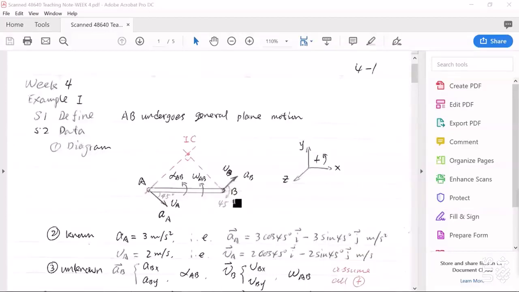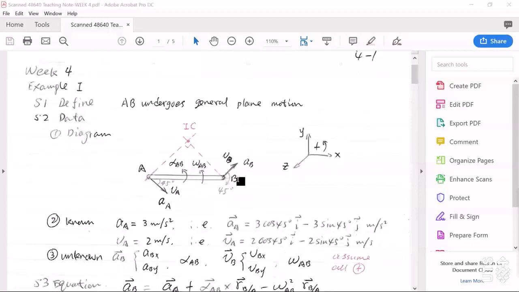Now another point, point B. By observation, we can reasonably guess the directions of VB and AB. The directions of VB and AB indicated here might be wrong, but it doesn't matter.